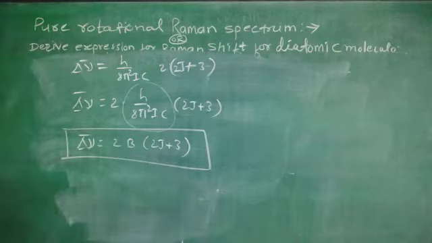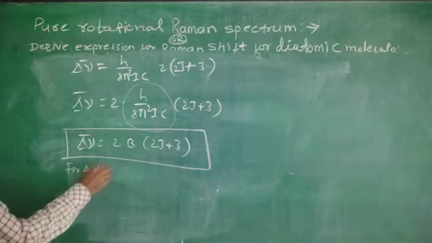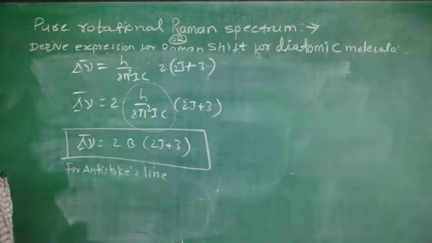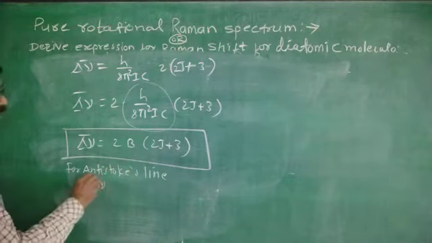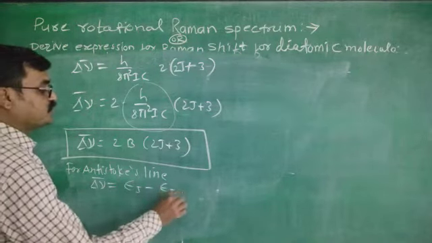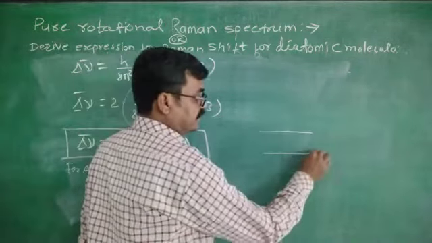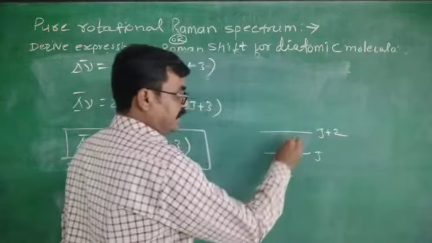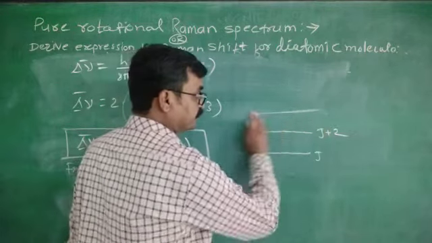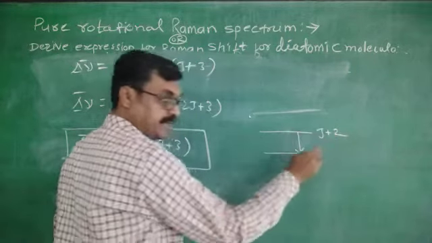Now if we consider anti-Stokes lines, how will this equation change for anti-Stokes lines? Now in anti-Stokes lines, delta nu bar is equal to epsilon j minus epsilon j plus 2. Okay, because in anti-Stokes lines this is j and this will be j plus 2, but in anti-Stokes lines the transition is from j plus 2 to j.